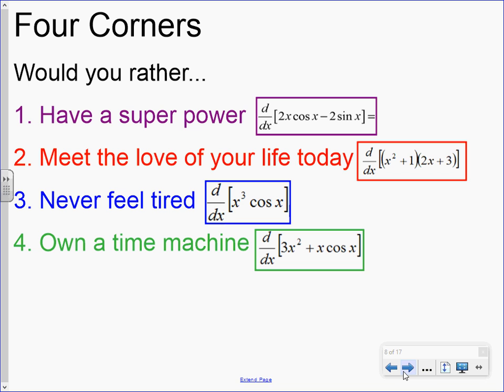Okay, so you have two terms, right? The first one. So you do 2x cosine x, and then negative 2 sine x.